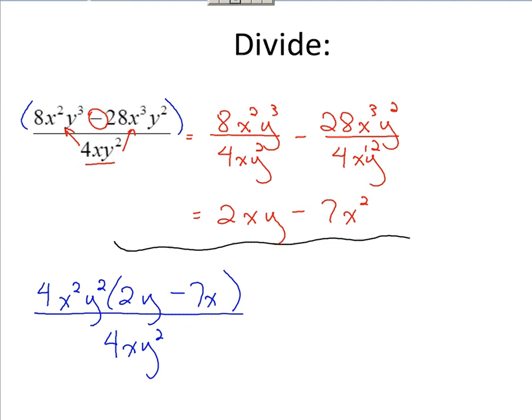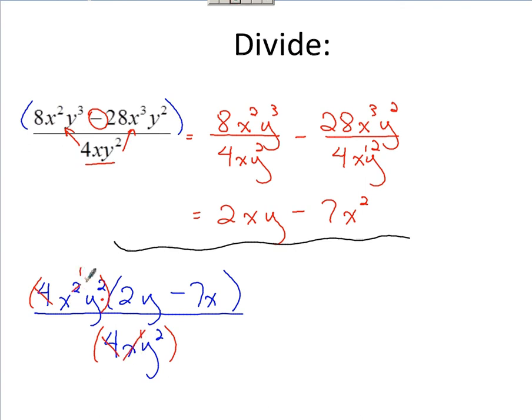Now, because these are multiplied pieces on top, I can take what is a monomial expression right here, and I could divide into that GCF right there. If I divide in the 4's, well, they divide out, right? As far as the x's are concerned, you got x to the first here, you got x to the second there, so that one's going away.